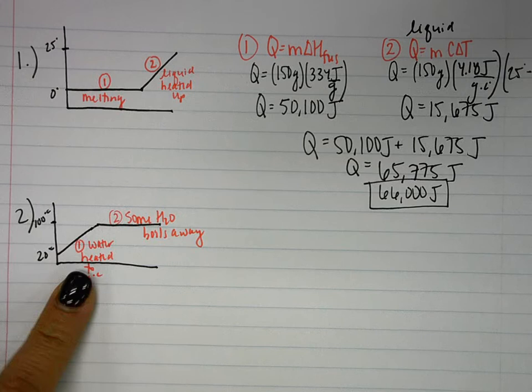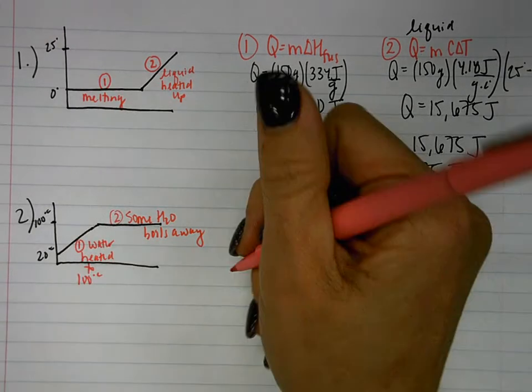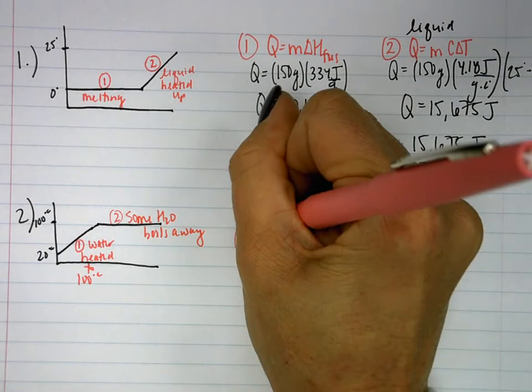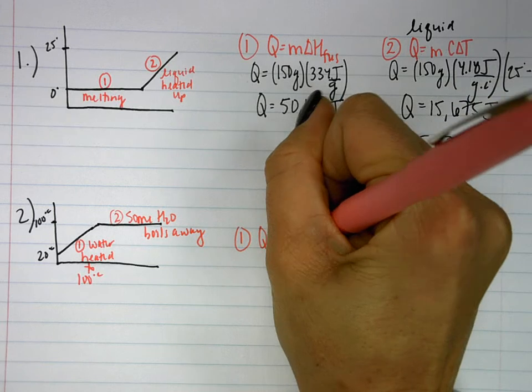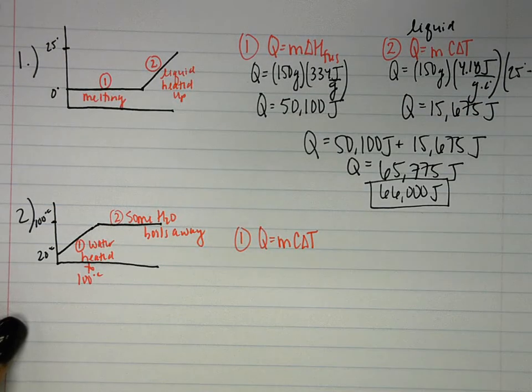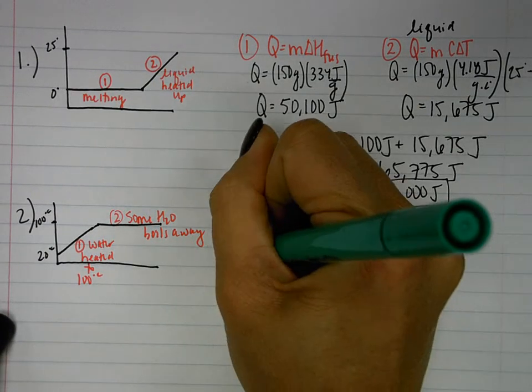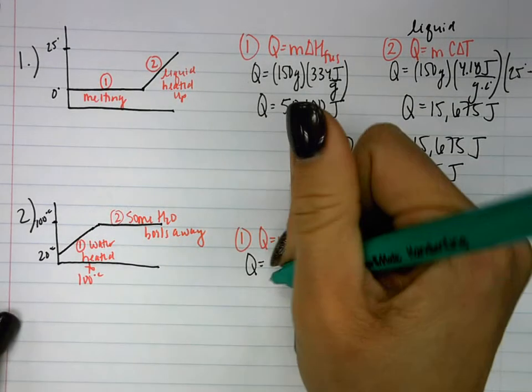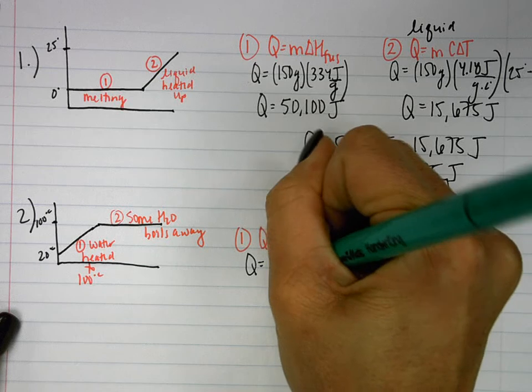For the first part, there's a temperature change, so we're going to use Q equals mc delta T. We have our mass, 450 grams.